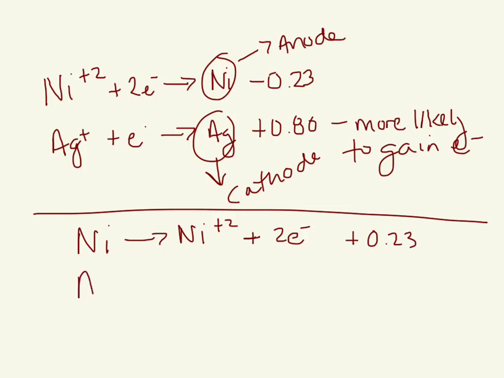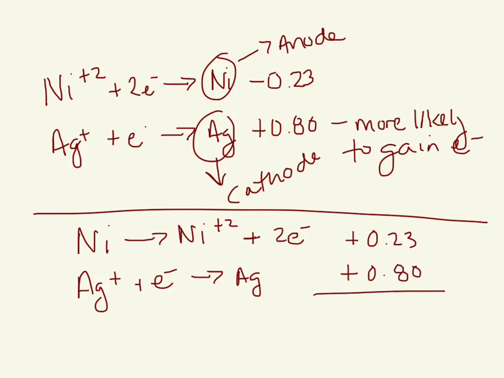And because the silver is going to be reduced, I will write that reaction as it appears above to produce silver. And that half cell reduction potential is going to stay just what it was before. I didn't flip the equation, so I don't flip the sign.